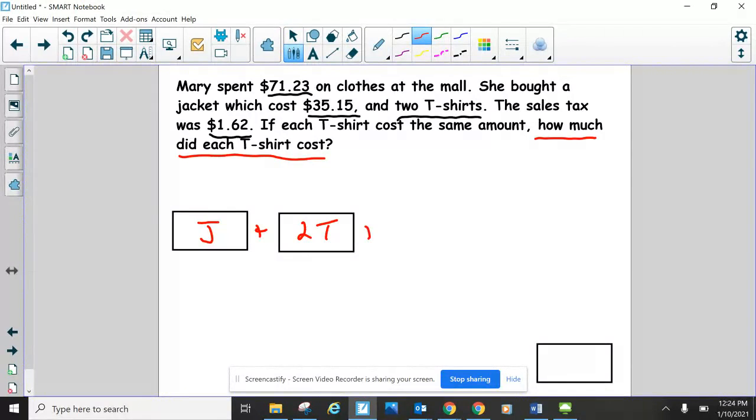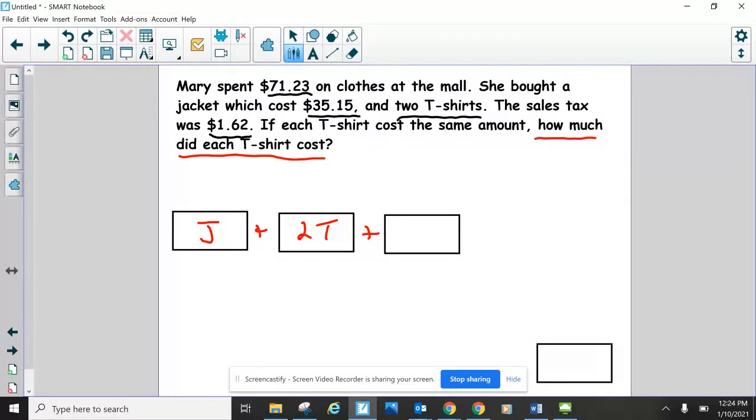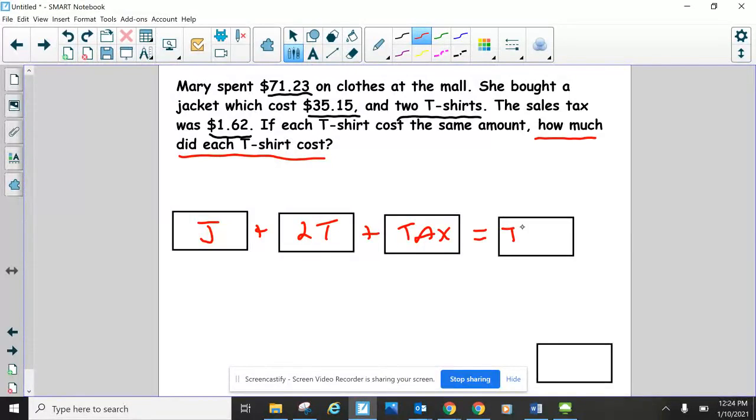Then I'm going to add the cost of the sales tax, because again, sales tax increases my purchasing total. And altogether, those things are going to equal my total. So now I have these 4 boxes, right? And these 4 boxes tell the story of Mary's trip to the mall. They're going to help us organize the information from the story.